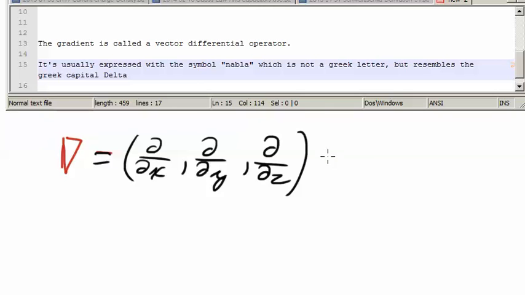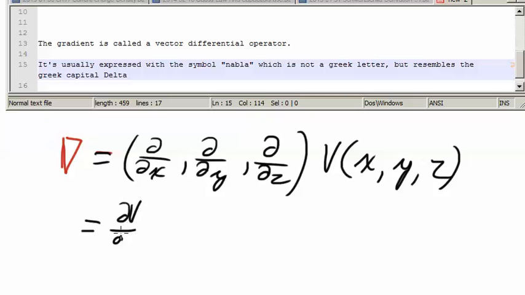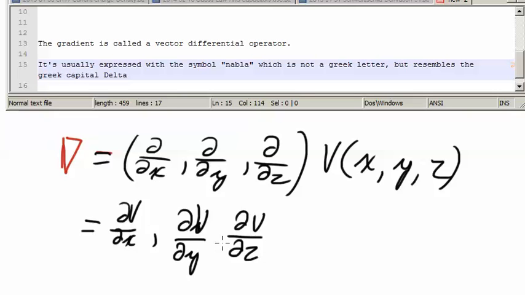It takes the derivative of some function, for instance V of x, y, z, and becomes a vector being del V del x in the x direction, del V del y in the y direction, and del V del z in the z direction. And so it gives you the slope in the x direction pointing in the x direction, the slope in the y direction pointing in the y direction, and the slope in the z direction pointing in the z direction.